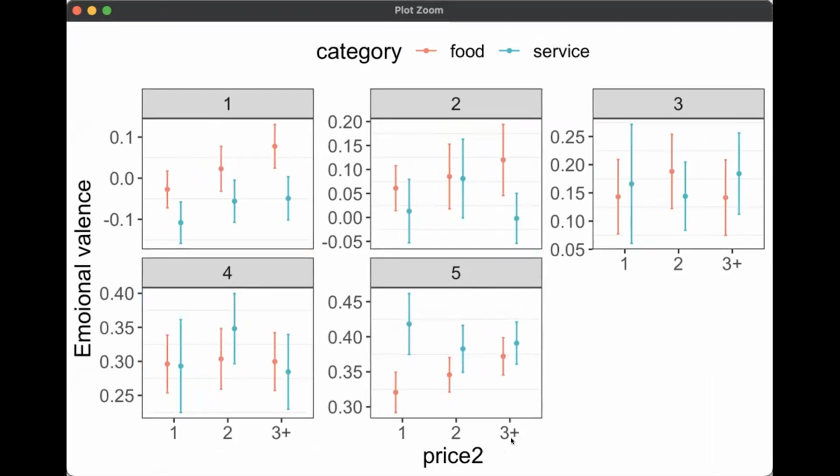Quickly, the x-axis is the price category. Each panel refers to a star rating, and the color refers to whether it's food-related review sentences or service-related sentences. And the y-axis is emotional valence, the sentiment.